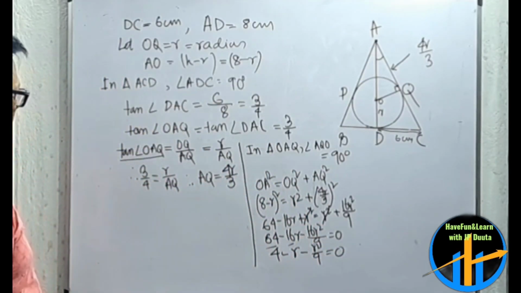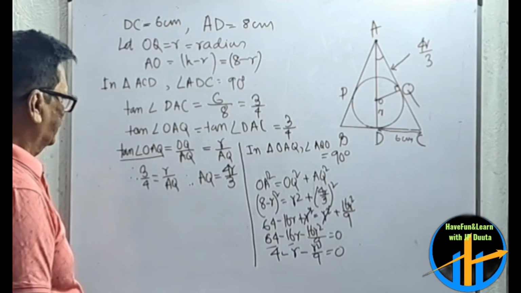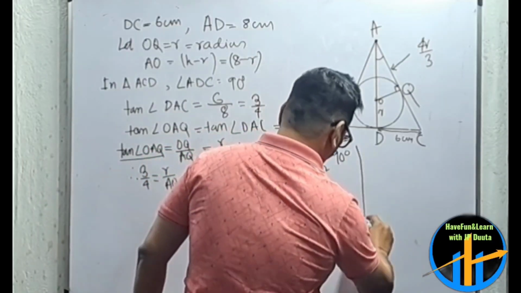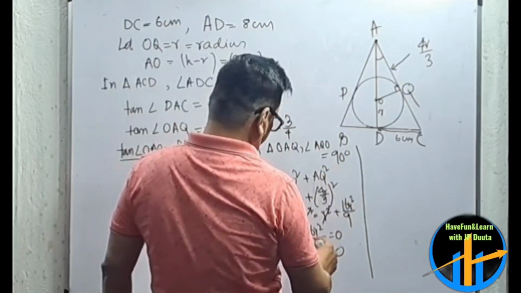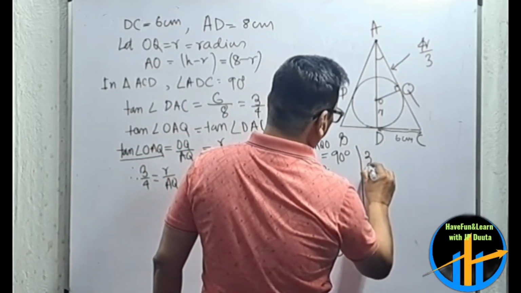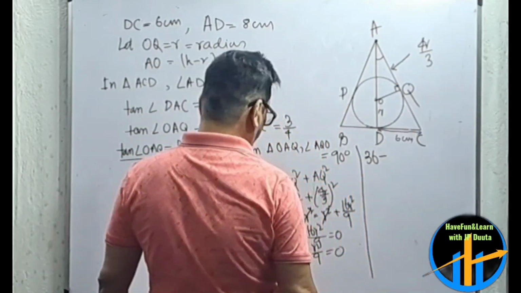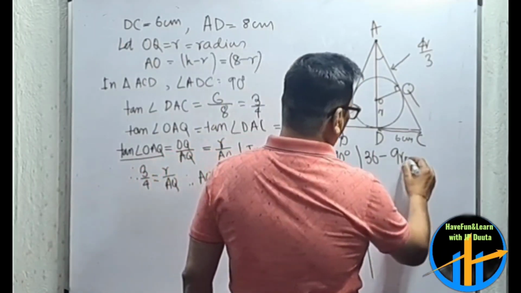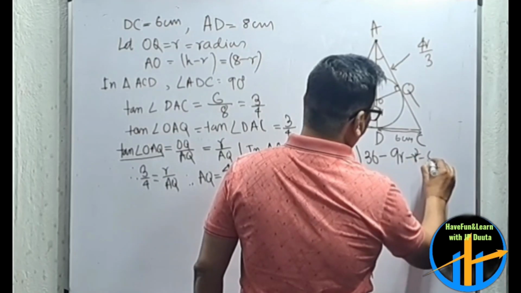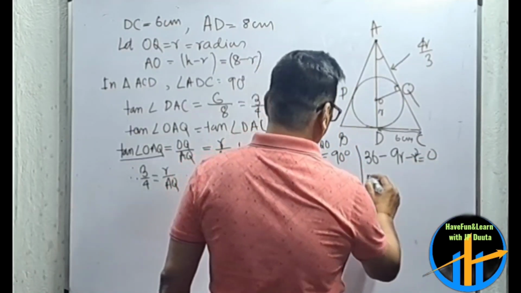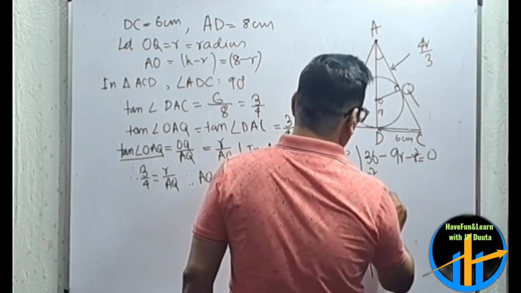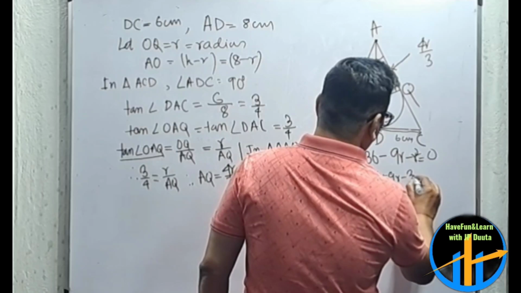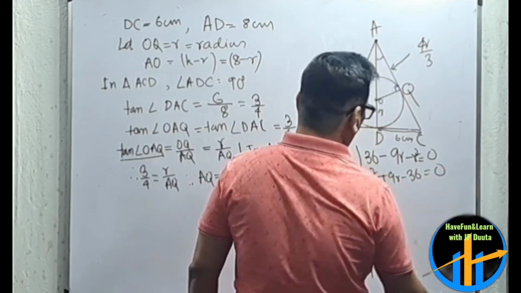This is correct. I think it's correct. Okay. Now, if we further simplify, we get 36 minus 9R minus R square, which is 0. We can now change signs. R square plus 9R minus 36 is equal to 0.